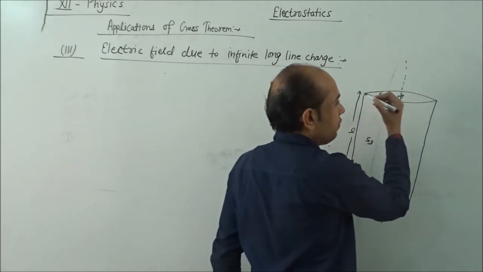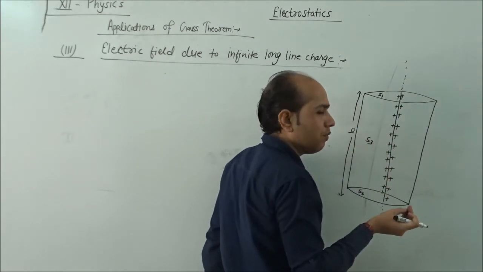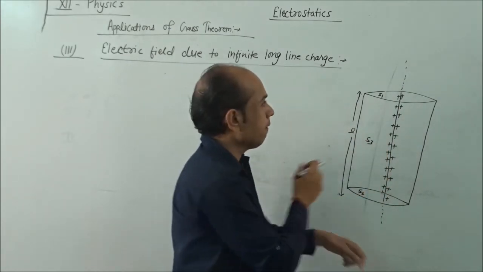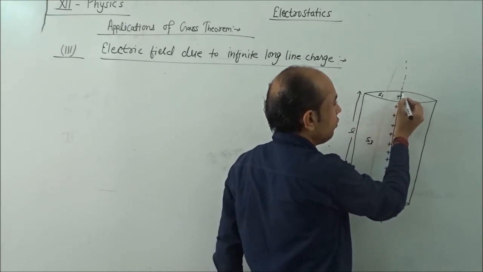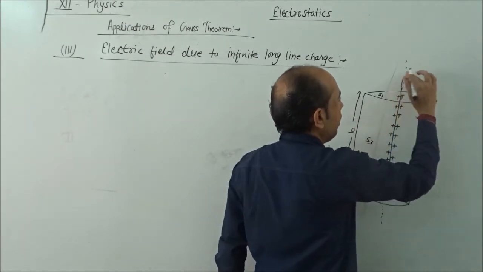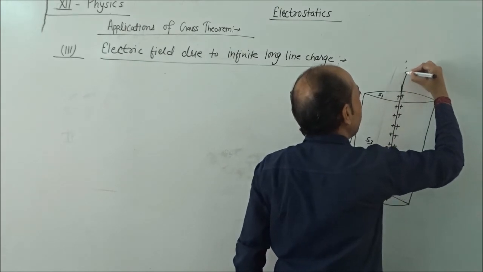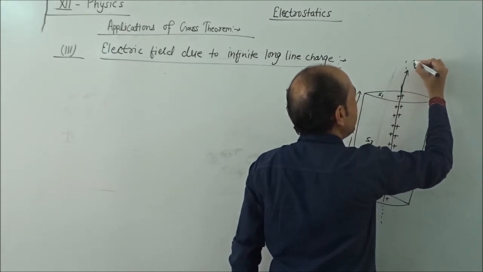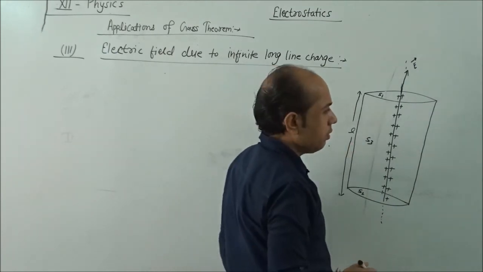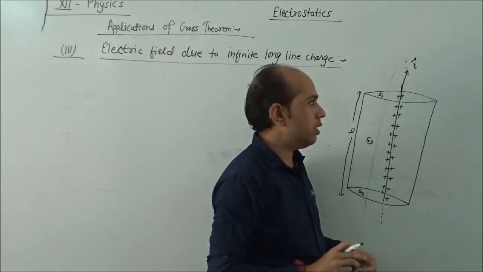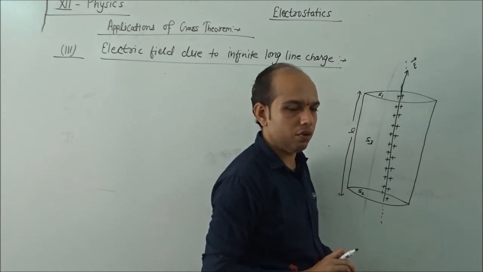Now for the S1 surface we find the electric field and area component. For S1, because of positive charge, the direction of electric field is upward, which is denoted by E. As we know, small area is a vector quantity and its direction is always normal.